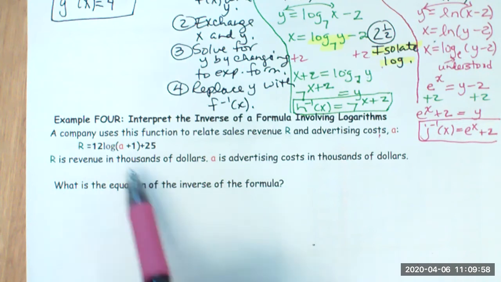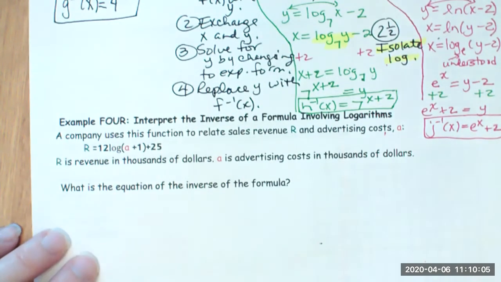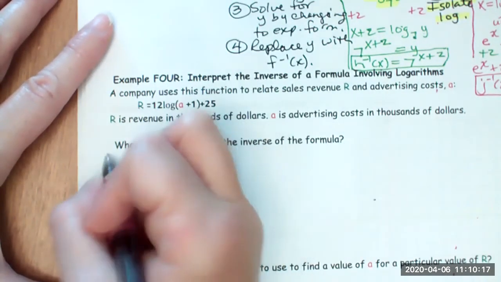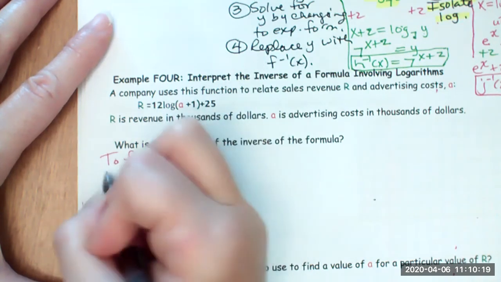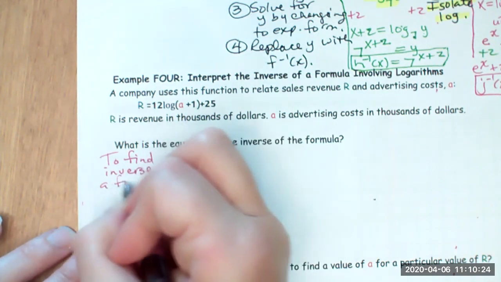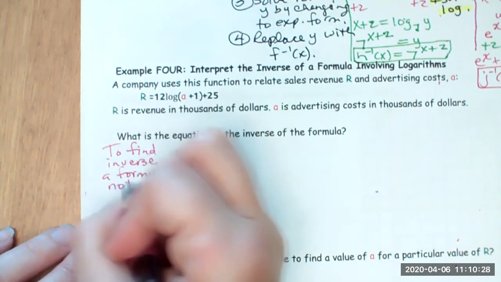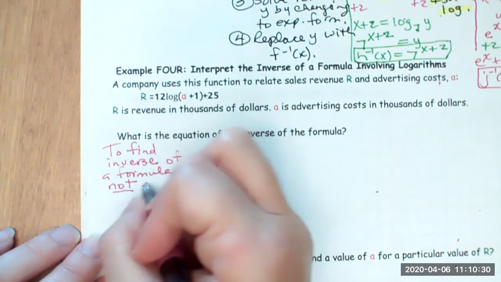So we're going to do mostly the same steps that we did with just ordinary finding the inverse. But the one thing that we're going to do differently is that we're not going to exchange the variables, okay? And I'm going to make a note of that over here. So to find the inverse of a formula, do not exchange variables.